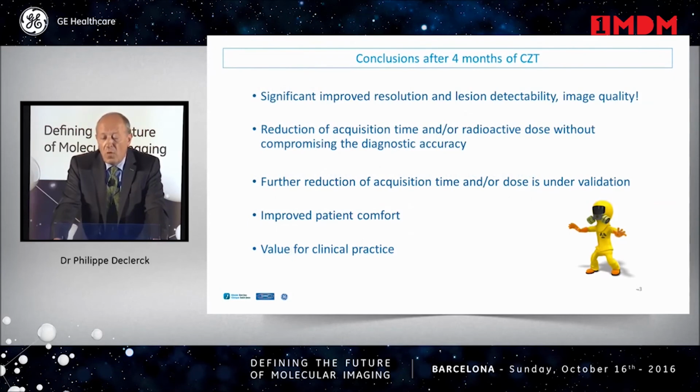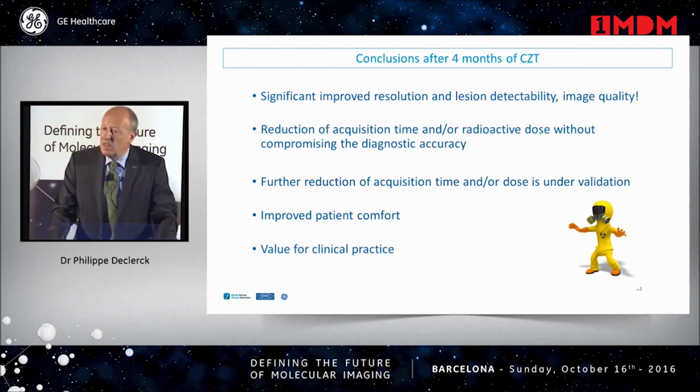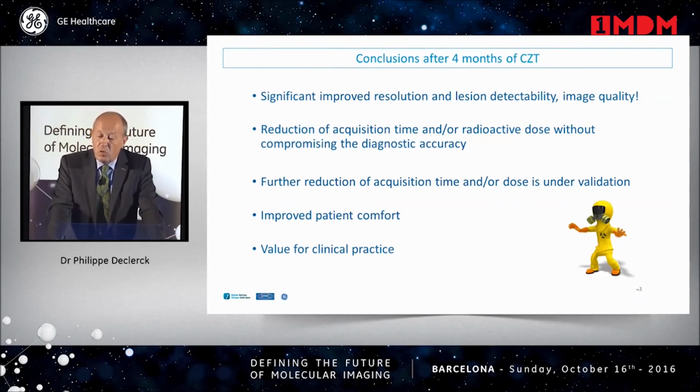So the conclusions now after 4 months using the CZT technology are that we have significantly improved image quality, resolution, and lesion detectability, and reduction of acquisition time and radioactive dose without compromising the diagnostic accuracy. Now we go to 1/3, but I think with half it will be the same conclusion.